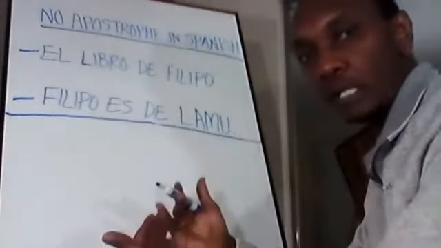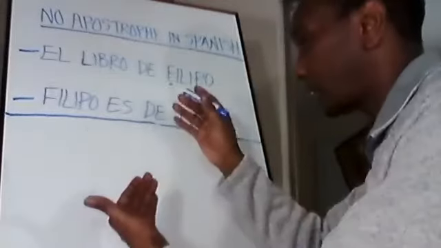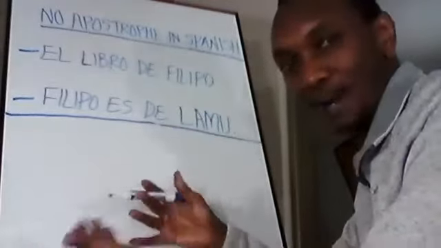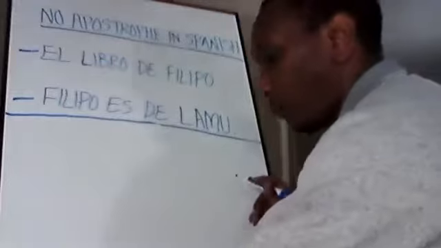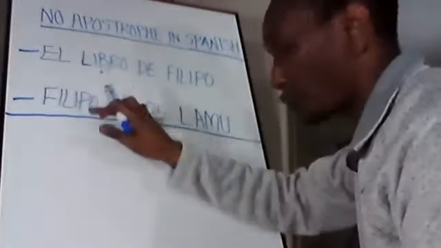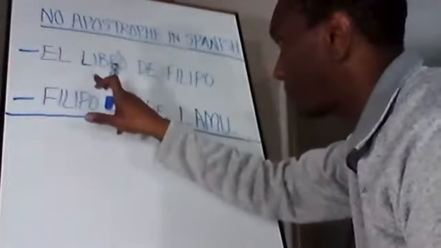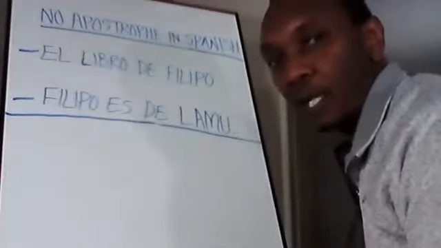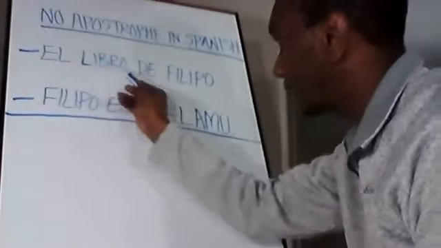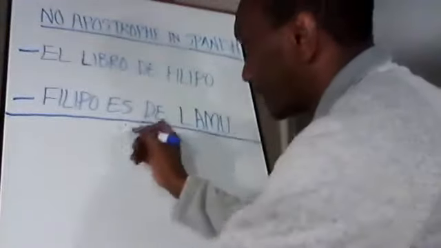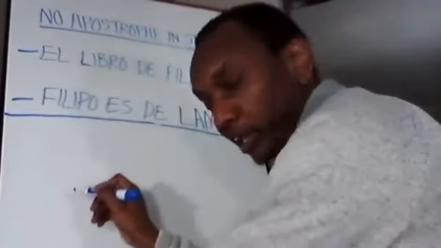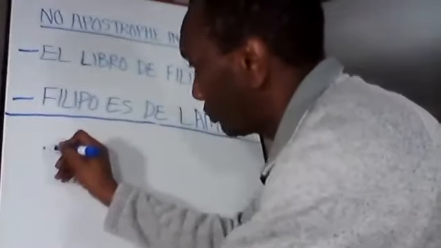But as we know, in English, we cannot directly translate. It's grammatically correct, but we prefer, this is where we apply the apostrophe. So El libro de Filipo means Philip's book.